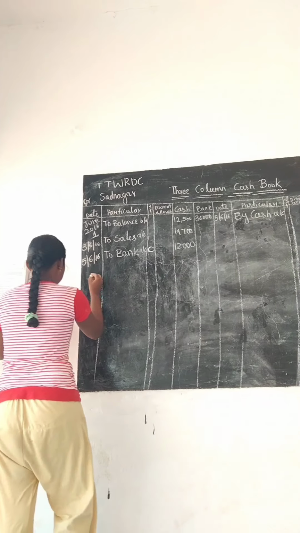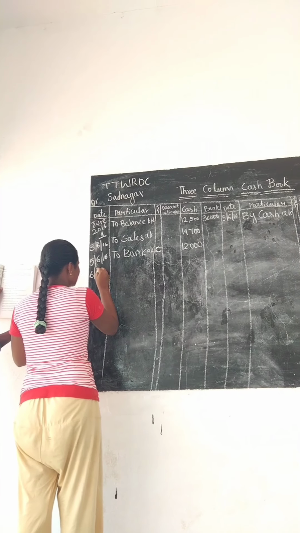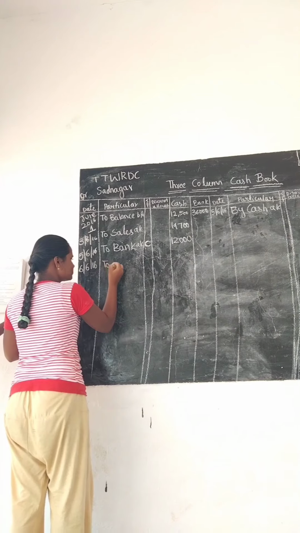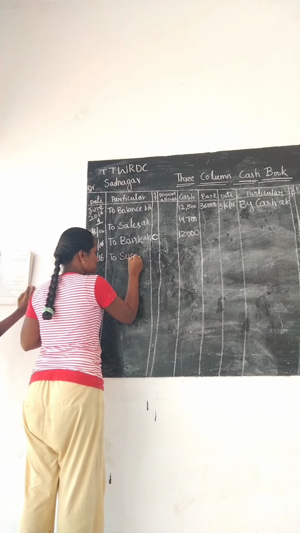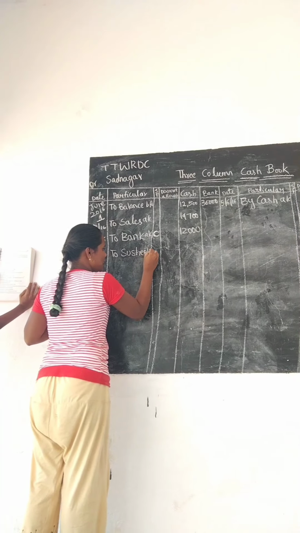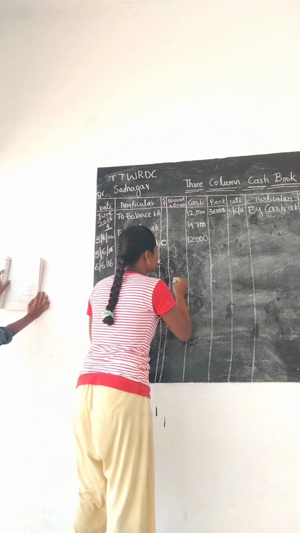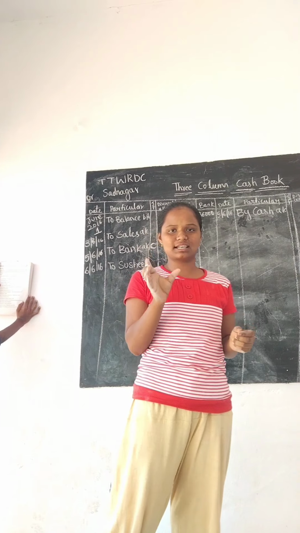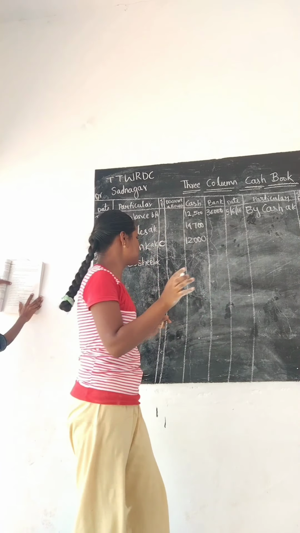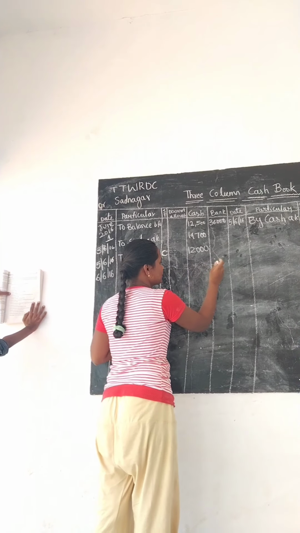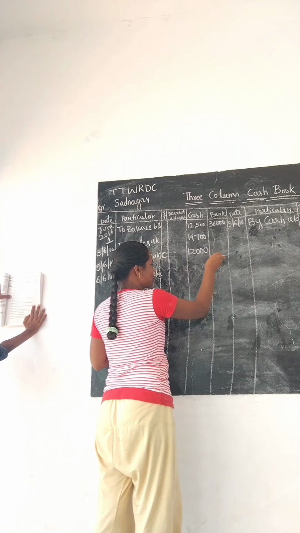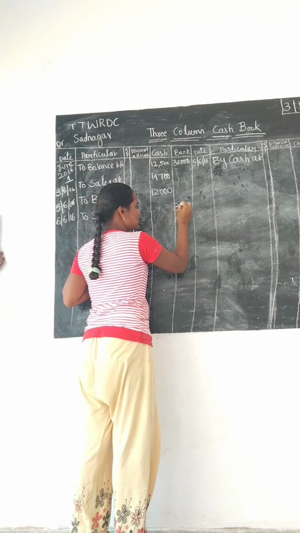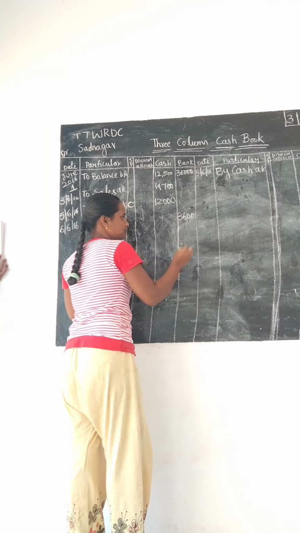The date is 6 June 2016, to Sushil account. Here they are receiving a check. Check means we write the amount in the bank column. The amount is 3,600.